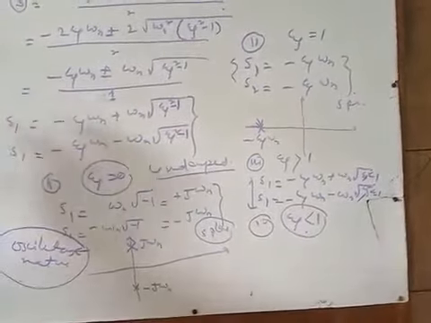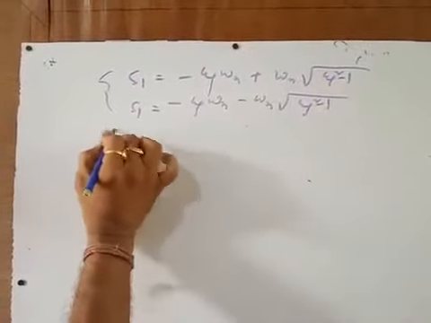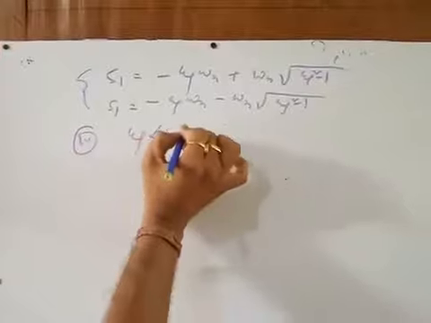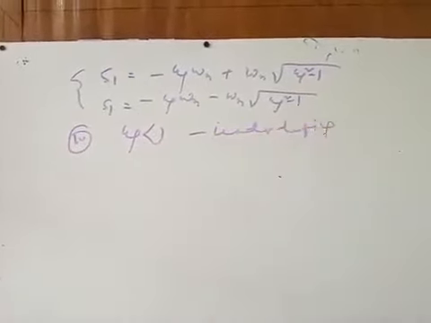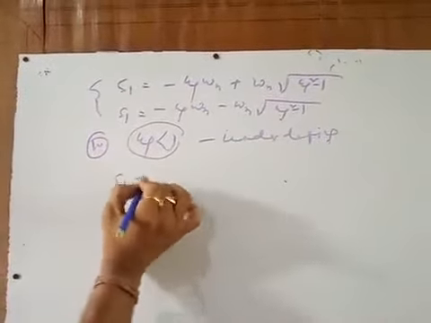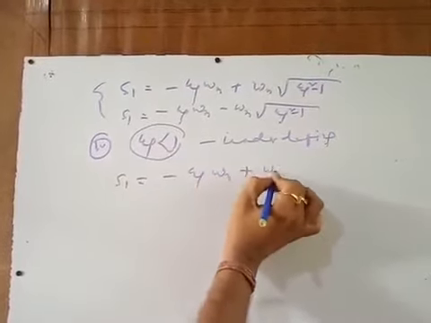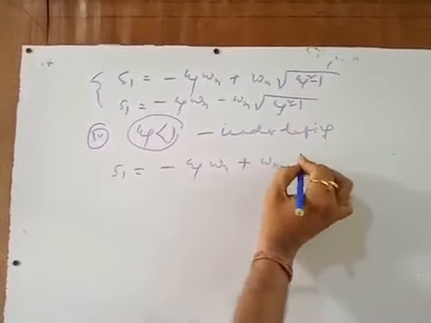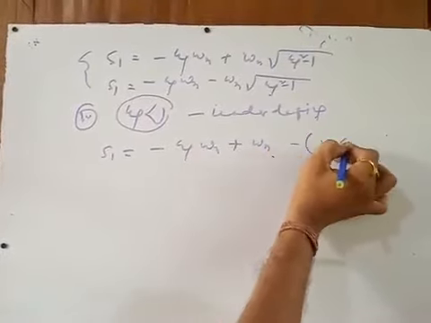In this condition, if you put xi less than 1, S1 is equal to minus xi omega n plus omega n root over xi square minus 1, which is a negative value inside the root. So we get minus of 1 minus xi square.